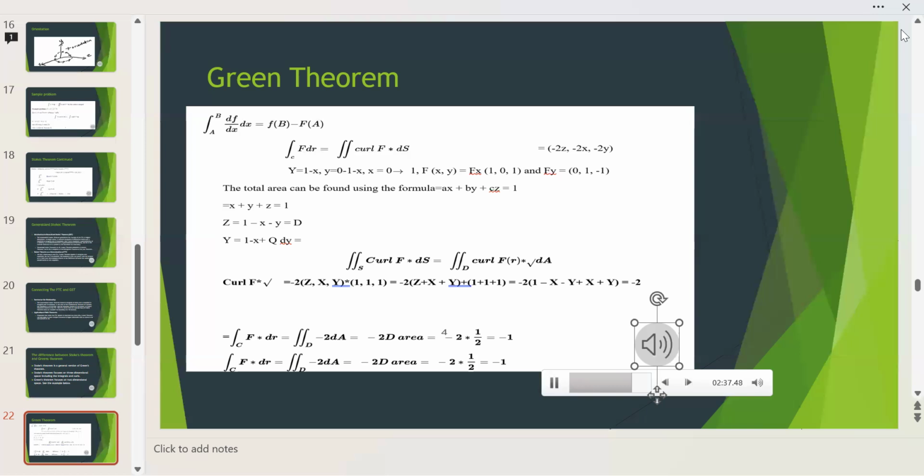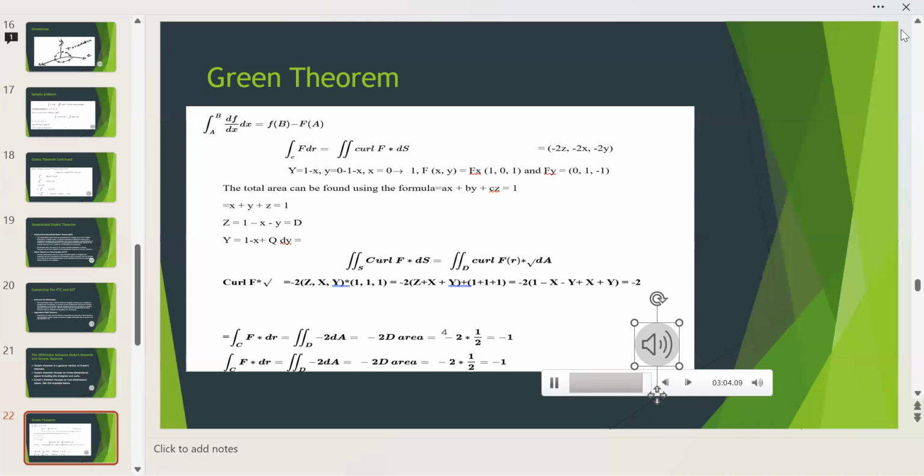So the integral over C of F dot dr is equivalent to the double integral over D of negative 2 dA, which is equivalent to minus 2 times the area of D, which is going to give us negative 2 times 1/2, which is negative 1.